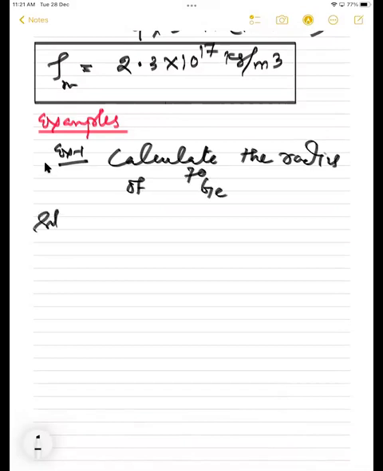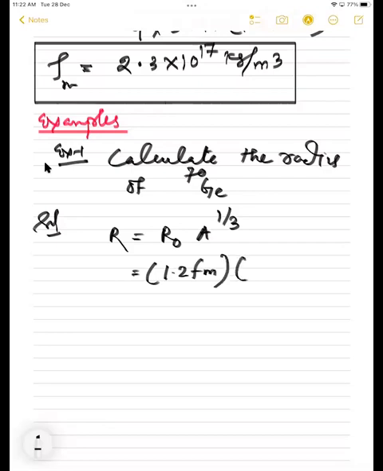So what is the formula? What is the formula for radius? R is equal to R naught A to the power 1 by 3, na? Correct? And that is 1.2 into 10 to the minus 15, meaning femtometer or Fermi, no? So right here, 1.2 Fm, and 70 is the atomic number, to the power 1 by 3.